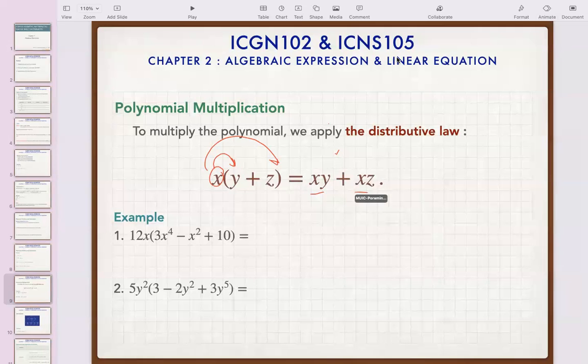This is the multiplication for polynomials. For example, we have two examples in here, example 1 and 2. I give you 2 minutes to do them, and then I would like someone to help solve this problem for us.